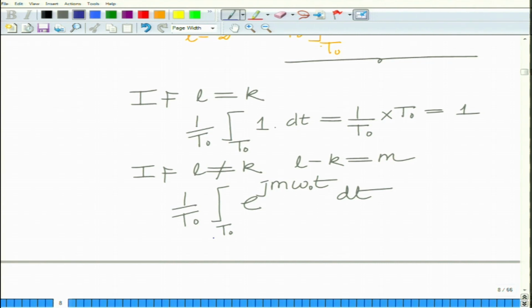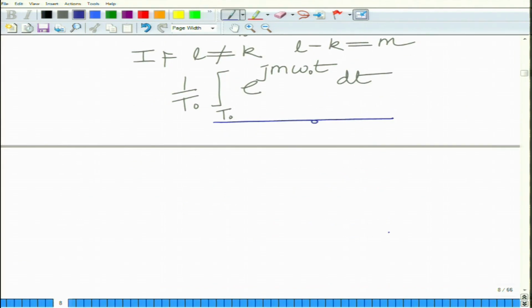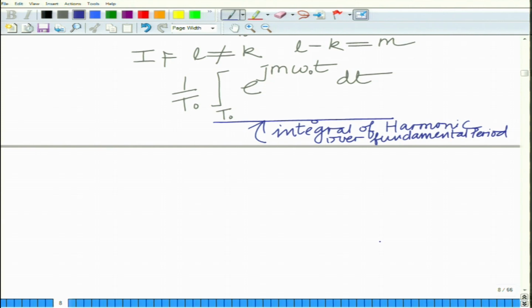This is an integral of a harmonic over one fundamental period.